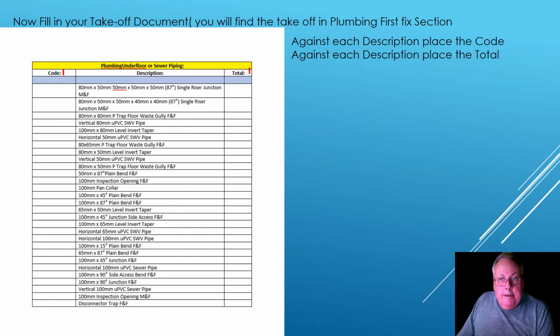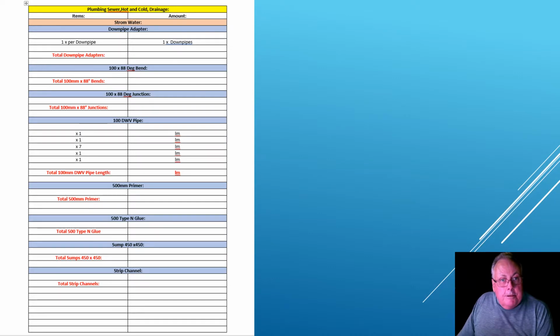So again, against each description, place the code, and against each description also place the total. Okay, slide 8. You can see this continues on. To get the total downpipe adapters, first of all, we need to have a look on the main plan at the number of downpipes, and put that in here.